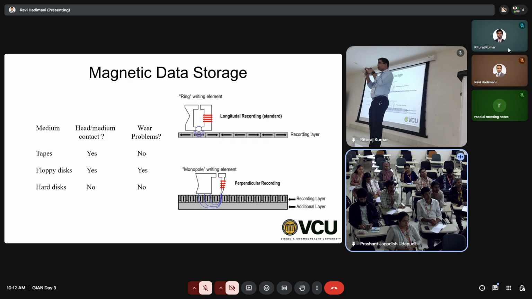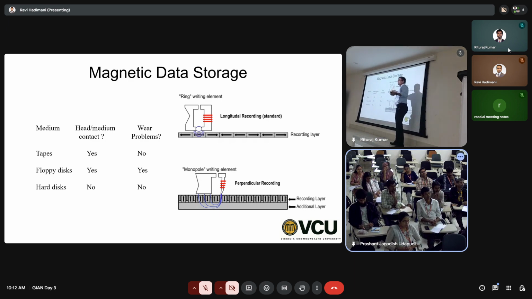Hard disk size won't change, because if you change the size of the hard disk, your computer will become big and everything else will change. So the hard disk size is about 5 inches. That's the same. Because the memory was small, you could write in a bigger domain. So each domain was about 100 to 300 nanometers.